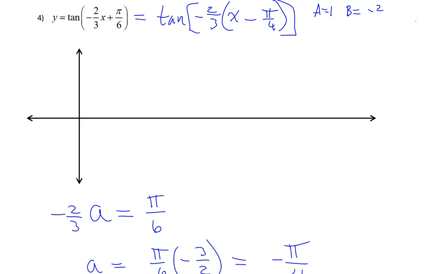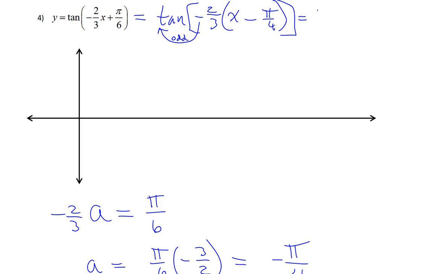This is easy to miss. Notice how B is negative, or how there's a negative there. So we forgot, I'm going to use the negative identity. Remember, tangent is an odd function, so this negative can just be thrown out in front because tangent is odd. Again, go back and review negative identities if you'd like in a previous lesson.